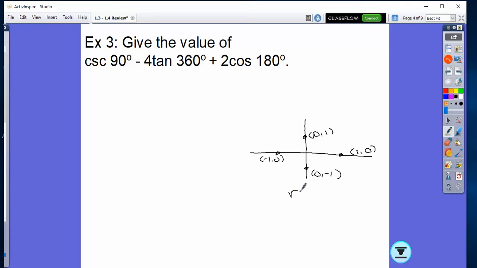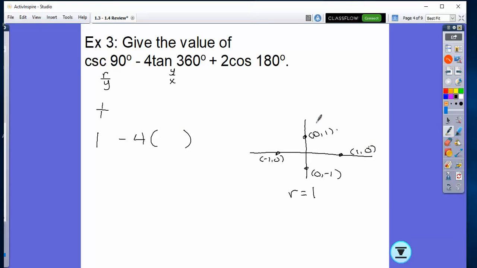And the nice thing about these, in every one of them, your r is 1. So cosecant, that's a reciprocal of sine, so it would be r over y. So at 90 degrees, my r is 1, my y is 1. So cosecant of 90 is 1. Minus 4 times the tangent of 360. So tangent is y over x. 360 is the same as 0.